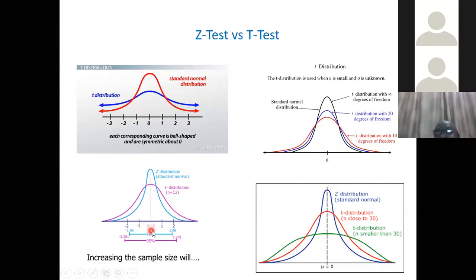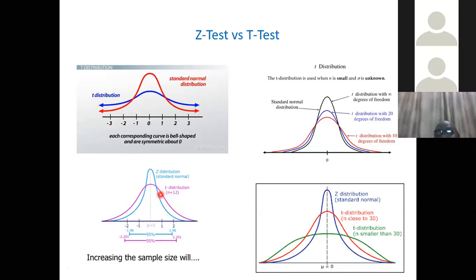Look at this third graph here. This is the Z distribution, the blue, and the purple is the T distribution with, for example, 12 degrees of freedom. For the Z distribution, the middle 95% of the area of the graph is bounded by minus 1.96 and plus 1.96 standard deviations.